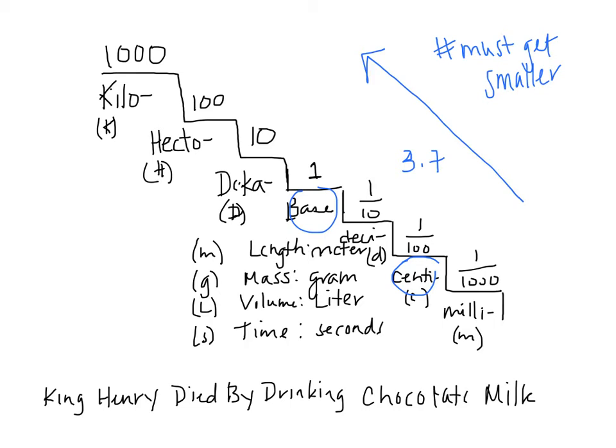Because everything on the metric staircase is moving by tens, every step moves the decimal point, either to the left or the right. So think about which direction moving the decimal is going to make our number get smaller. Right? If you move it to the right, the number becomes 37. If you move it to the left, the number becomes 0.37. Alright? So if you're going up the staircase, your decimal goes left.